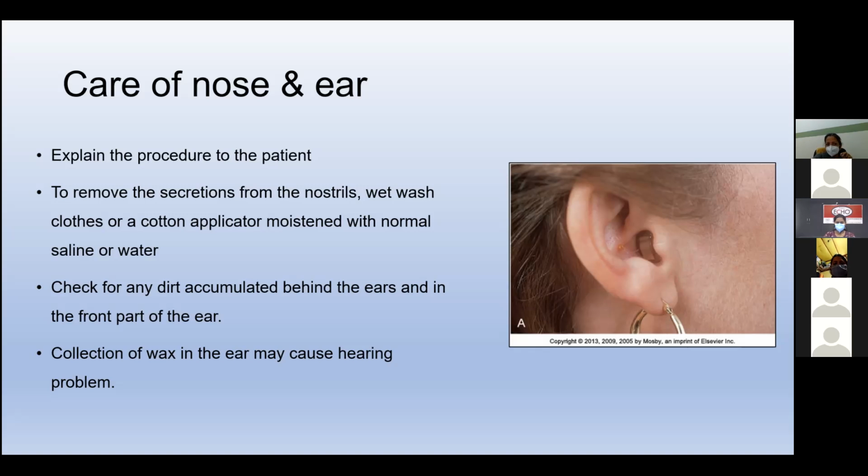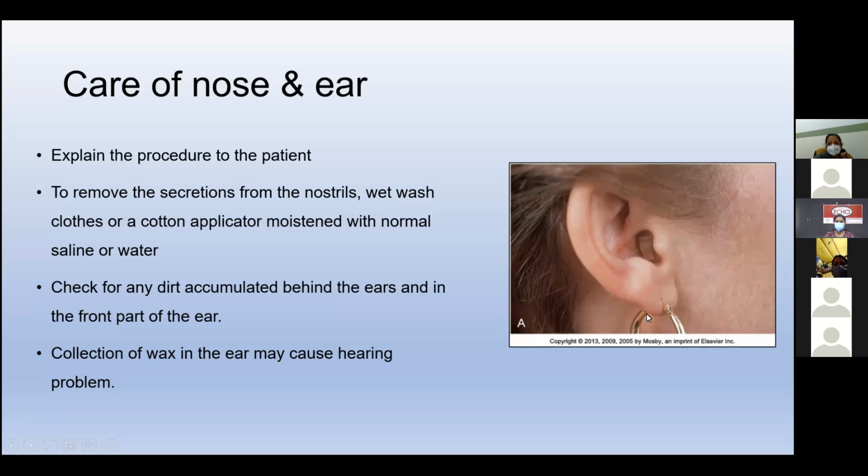ear and nose. And not to forget the back part of the ears when we are giving hair care also, and when we are giving them bed bath also, right? Because those creases also many times have dry skin and secretions.